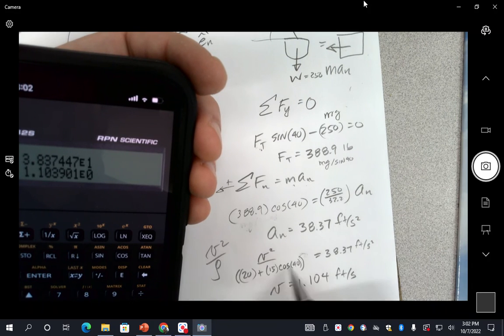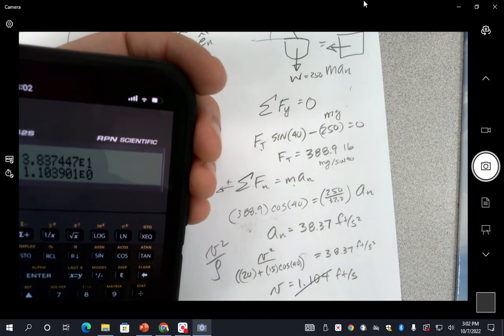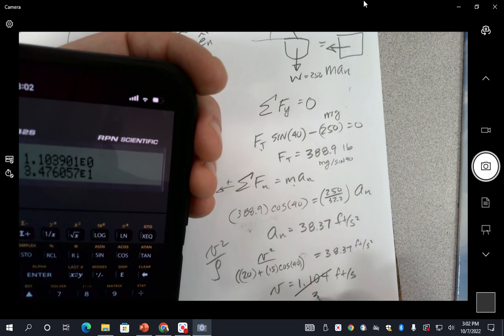And you know what I did? I just screwed that up. I just divided. I'm sorry, my brain's not in it. So 15, cosine of 40, times 20 plus, multiply by 38.37, times square root. That makes more sense: 34.76 feet per second.